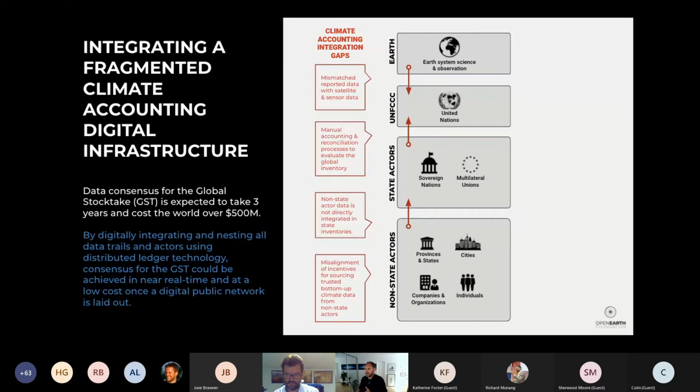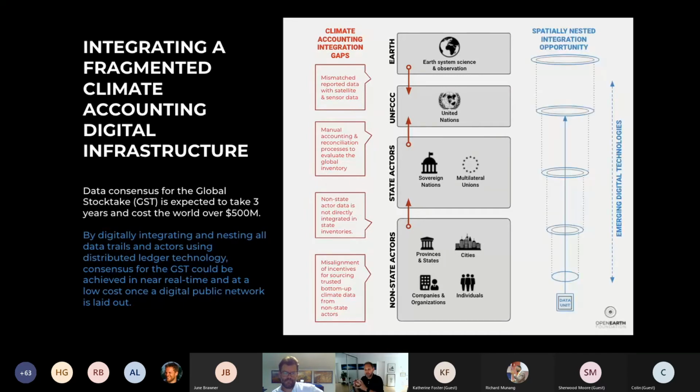So on the right, the opportunity at hand that we see is to establish a level of consensus at the data unit first, as that atomic point where we have to agree whether it's a positive or a negative ton of CO2, and how that properly nests in the spatial footprint of an actor, whether it's the supply chain of a company, rolling up to a city which has its own climate mandates, rolling up to a subnational government, rolling up to the national inventory.